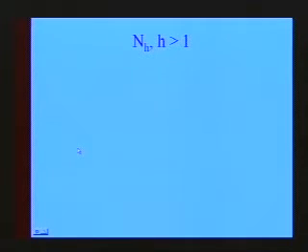Okay. If the height is more than 1, okay, then we draw a little picture. You got to have a root, okay, and then the root has a left subtree and the root has a right subtree. Okay. We know from the definition of AVL trees that the left subtree must be an AVL tree and the right subtree must also be an AVL tree.